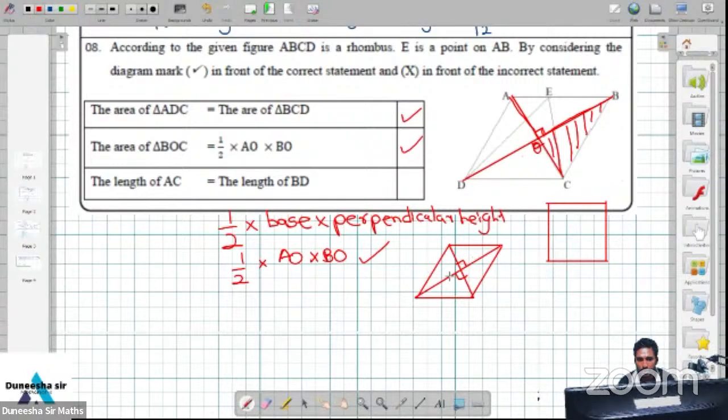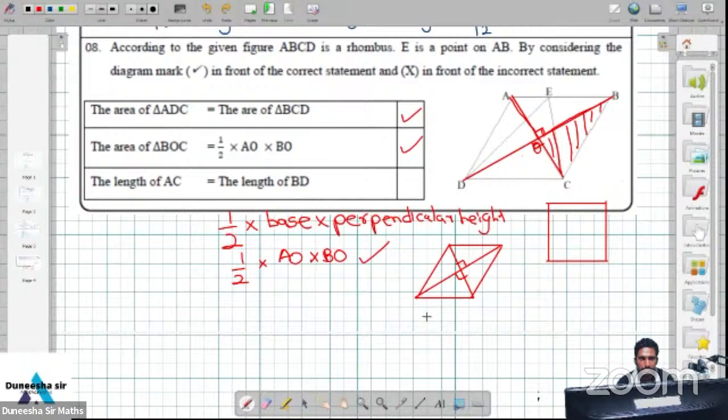හරි intersect වෙන්නේ. So also the diagonals what? Diagonals intersect each other.